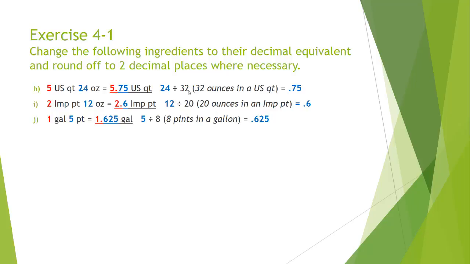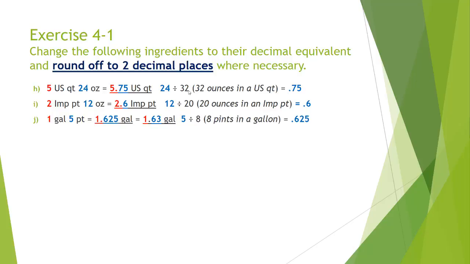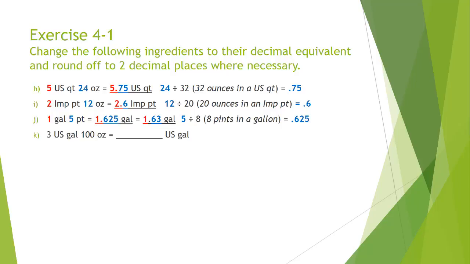So we get an unrounded answer of 1.625 gallons, but we need to round this off to 2 decimal places. And again, if we look at our second decimal, which is a number 2, we look, the next one over is 5, so that's enough to change the 2 to a 3. Our final answer ends up being 1.63 gallons rounded.